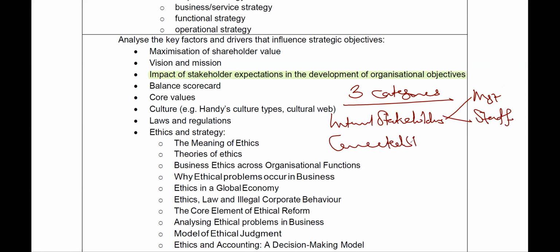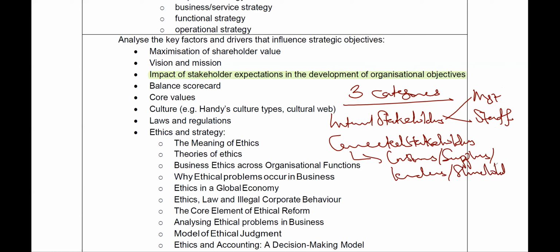Connected stakeholders are those who are interested but not directly in the organization, but they have some sort of link or connection or contract with the company. So you are talking about your customers, your suppliers, your lenders, your shareholders, your bankers, and the rest, right? These people are directly connected to you.